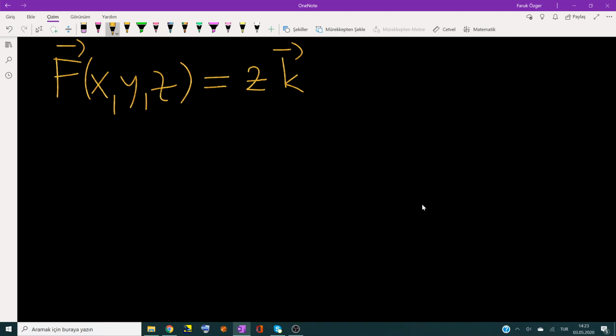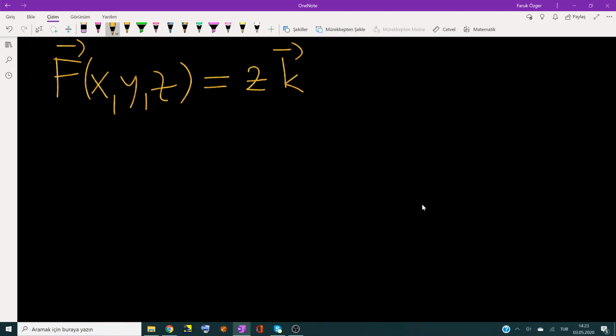Okay, so let's sketch this vector field. Let's see what kind of vectors this vector field generates. Do you have any idea?